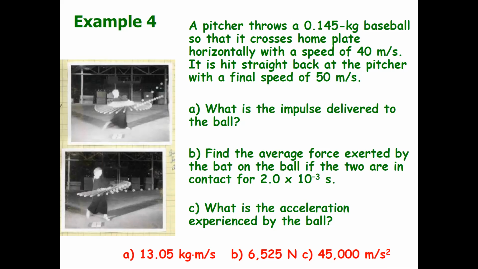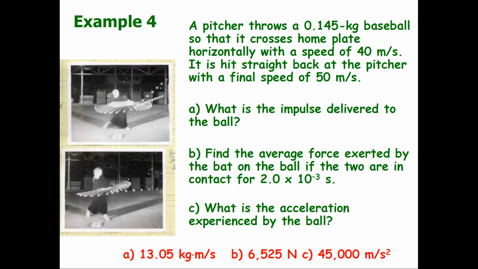Part B asks to find the average force exerted by the bat on the ball if the two are in contact for 2.0 times 10 to the minus 3 seconds. We know that force is mass multiplied by acceleration, so our work here is to find the acceleration.